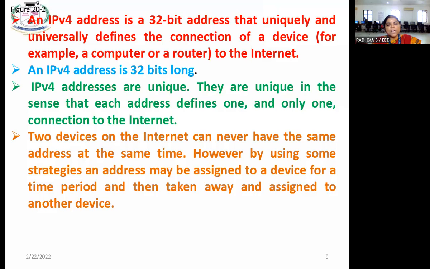No two students can have the same register number, right? So likewise, here also in Internet Protocol, a 32-bit length address is used, and that address is unique to each and every device connected in the internet. And it is also said to be universal.